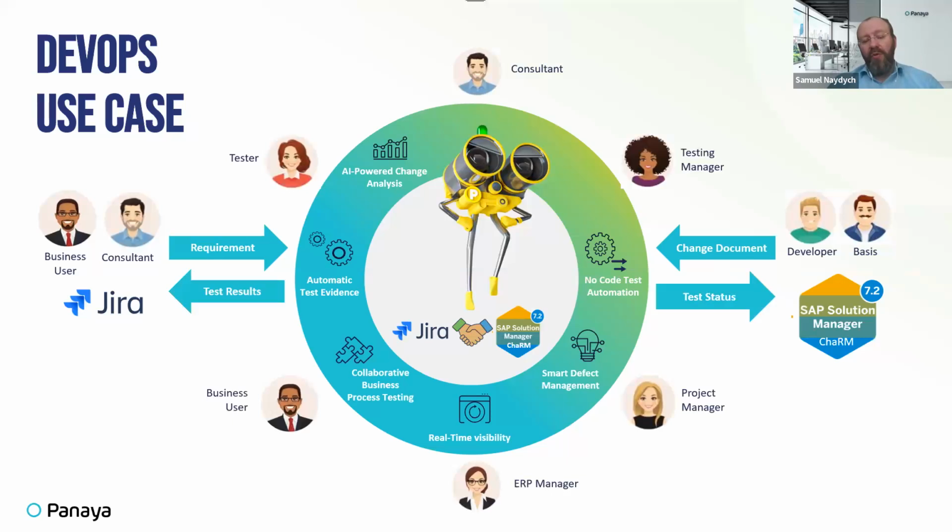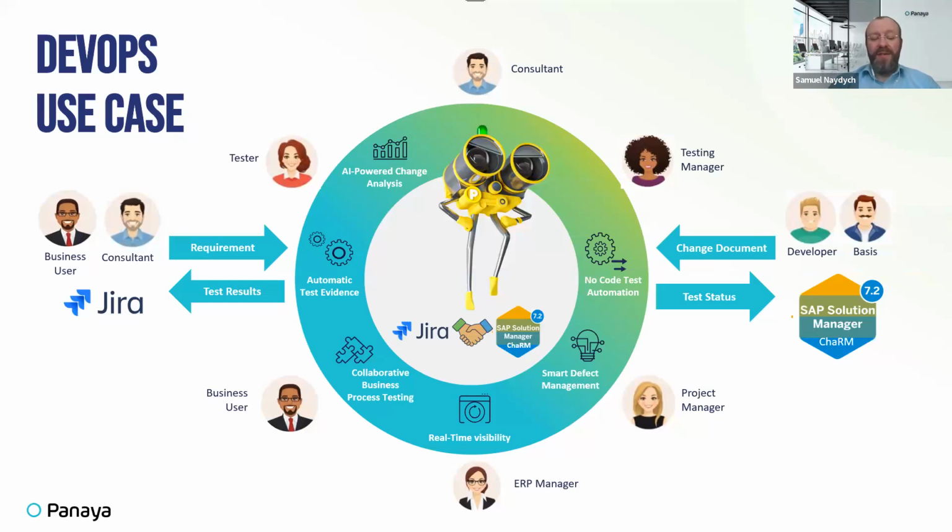At the same time, all these stakeholders, all these people can work together in Panaya, profiting from collaborative business process testing, helping the business users to be part of it, but also managing the defects in a very smart way, handling the automatic testing documentation, helping the testers to get rid of the overhead which is usually involved in the testing processes, but also introducing no-code test automation and executing the automation as well.